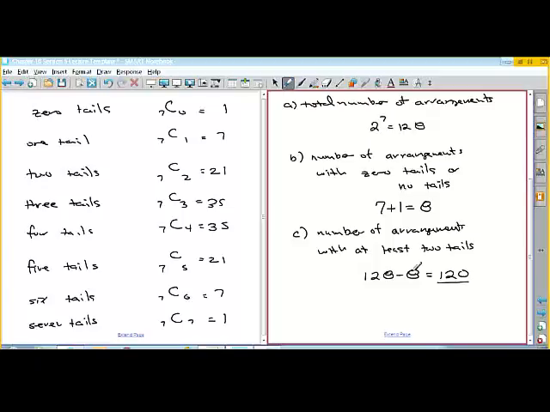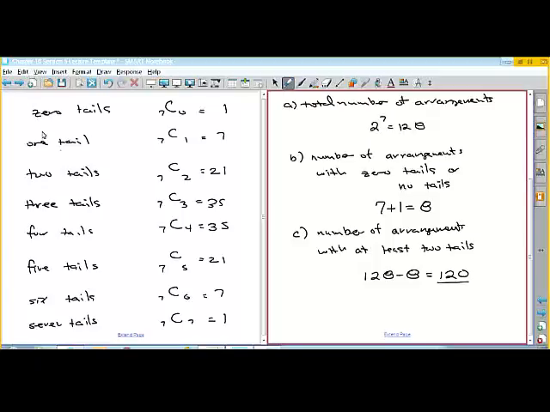The long way would be to go over here and say, well, all of the ones from here downwards have at least 2 tails. This one has 3 tails, which is at least 2. This is 4 tails. So you could add all these up, and you would get 120. Or you can not add them all up, just add these 2 up, and subtract that from the total 128.